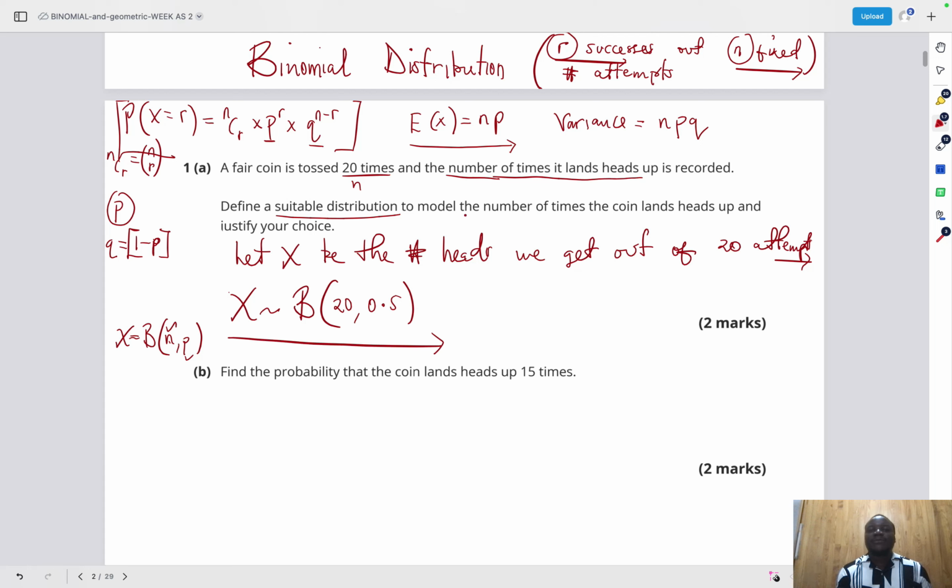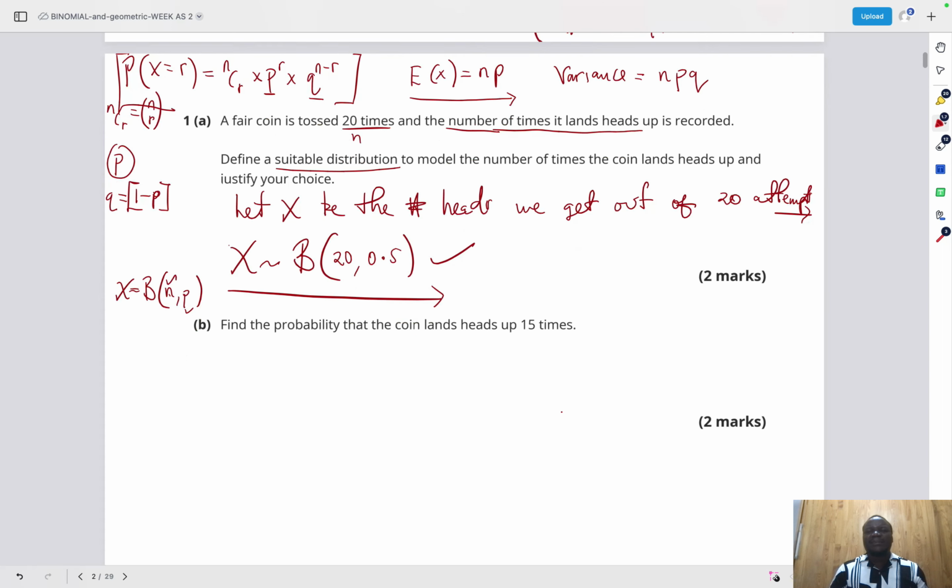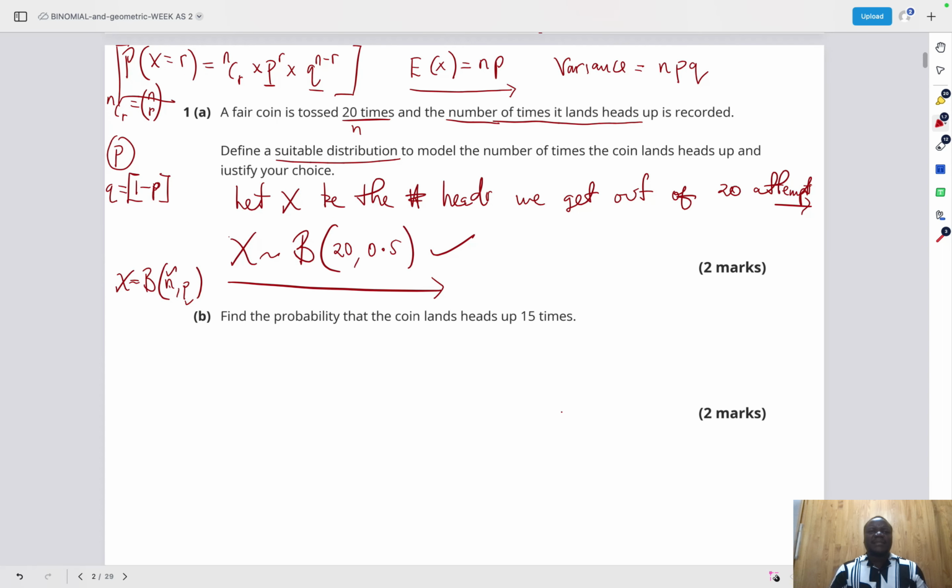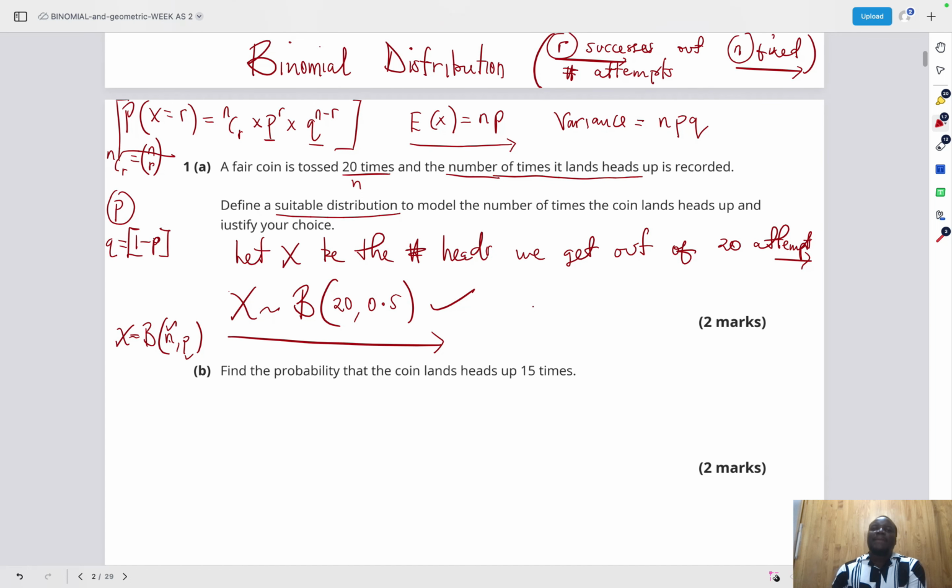So if we are to find a model, we must say x is the number of heads we get out of 20 attempts, which means x is a binomial distribution. That's about A. Then B says find the probability that the coin lands heads 15 times. Remember, let's go back to when we started. Binomial distribution looks at R successes out of n fixed attempts.